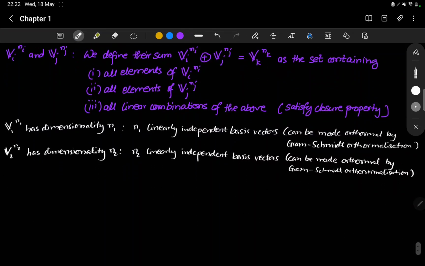So now if we take all the N1 independent vectors from V1 N1 and all the N2 linearly independent vectors from V2 N2, then we will get a vector space containing all vectors of V1 N1 and all vectors of V2 N2 and also their linear combination.